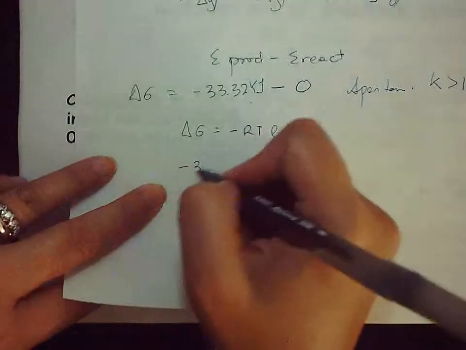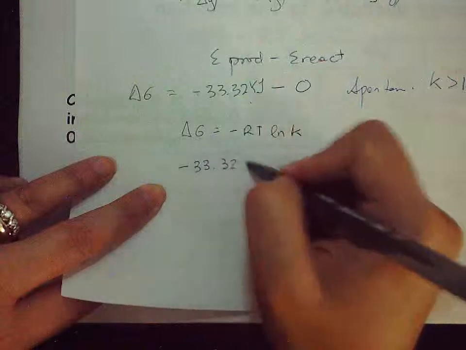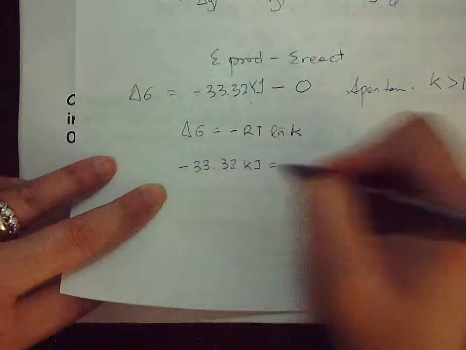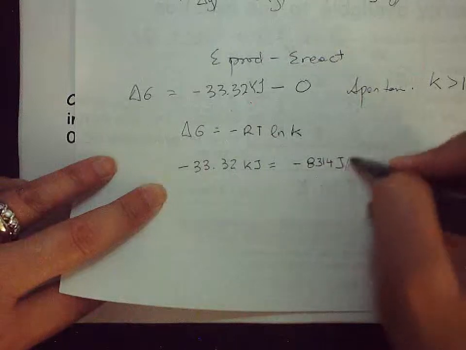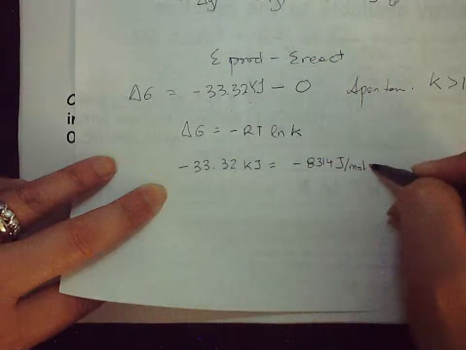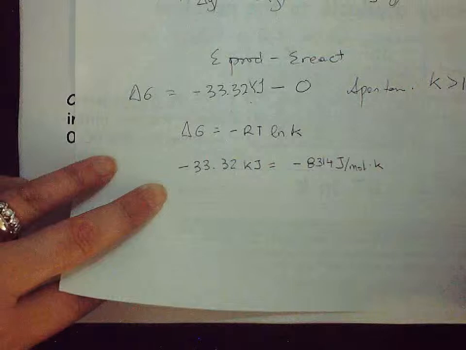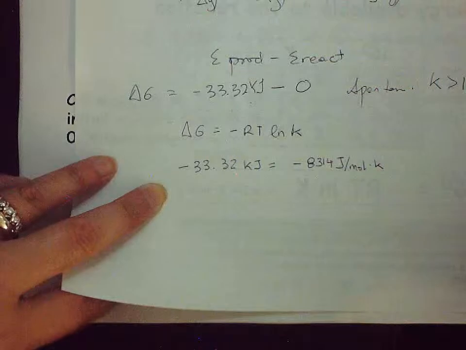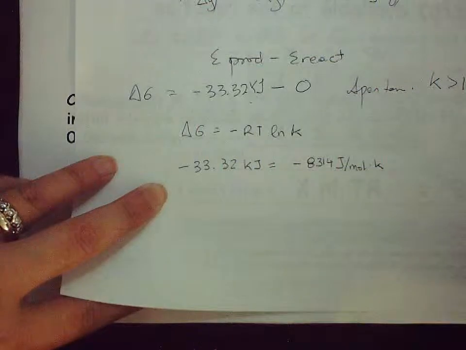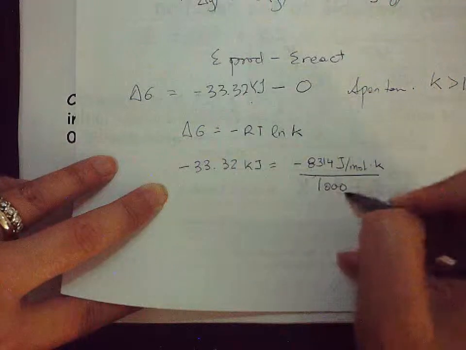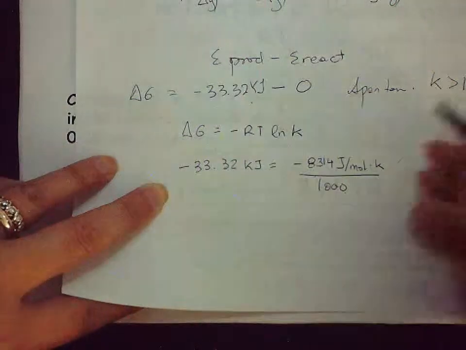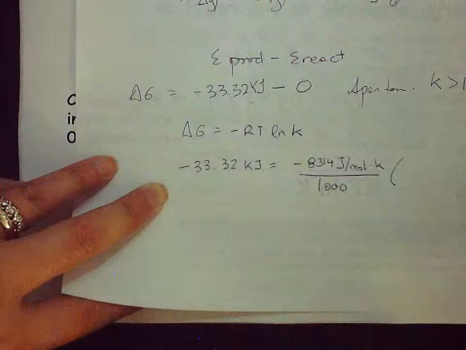Delta G, negative 33.32 kilojoules, is equal to negative 8.314 joules per mole. Oh, man. What's wrong with this picture? We have inconsistent units again. So let me divide that by 1,000 to change it to kilojoules, times the temperature.